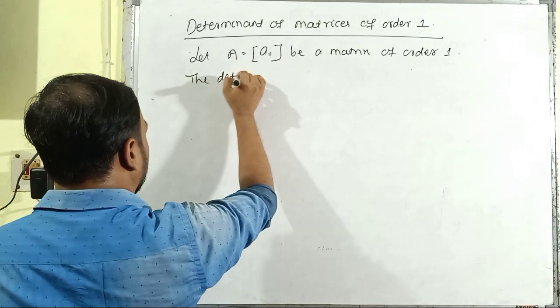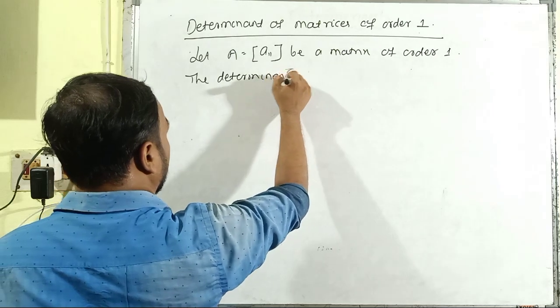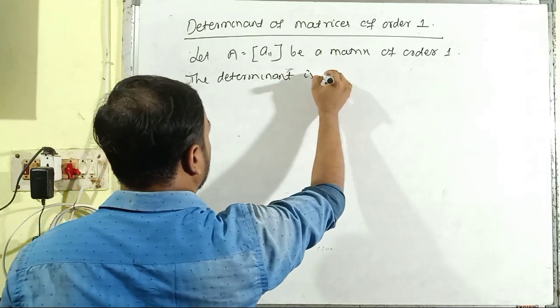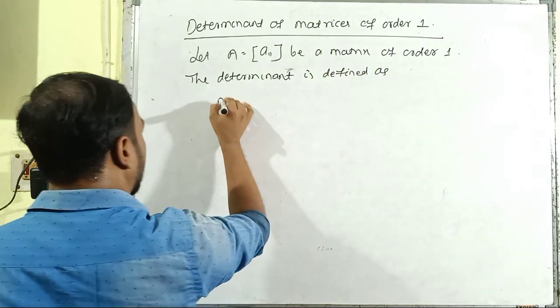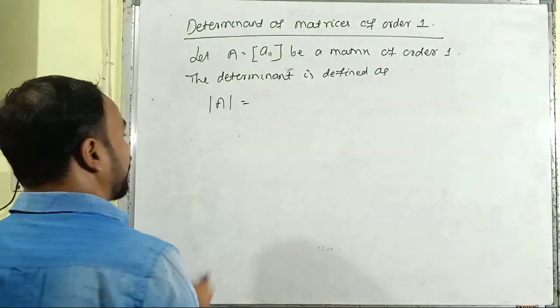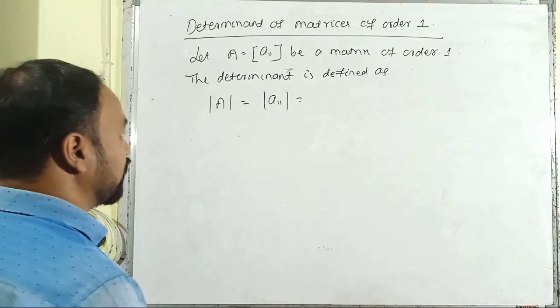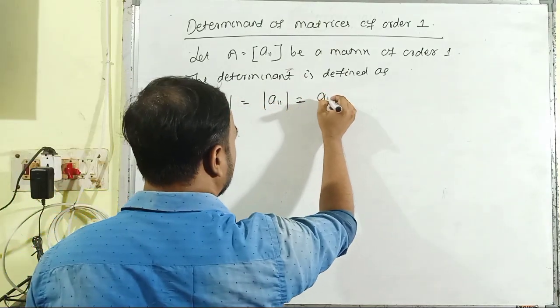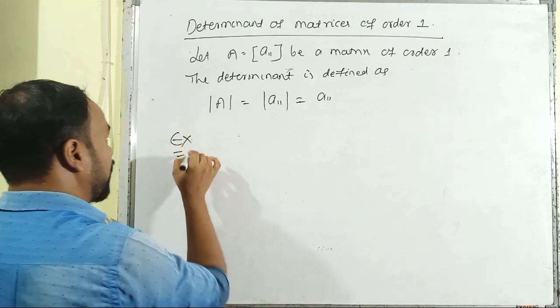The determinant is defined as determinant of A, and as it is a single element, its value will be itself, that means A11. Let us take an example so that it will be clear to you.